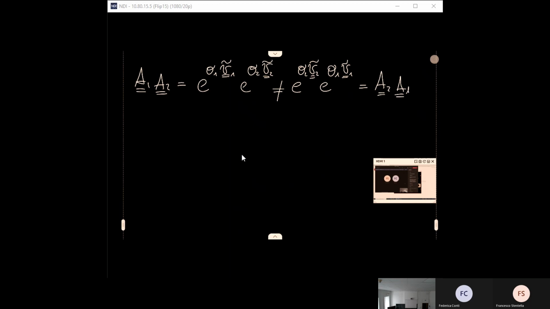So we have demonstrated that A1 applied over A2 is different from A2 applied over A1. And so this demonstrates that rotations are not commutative.